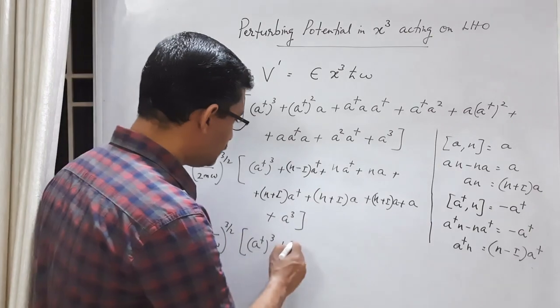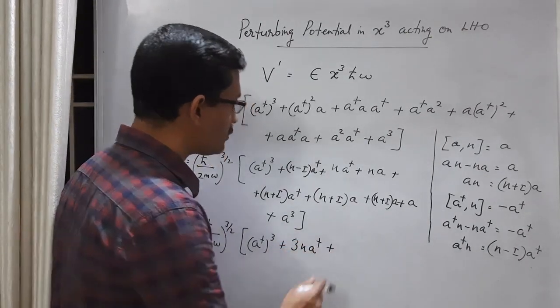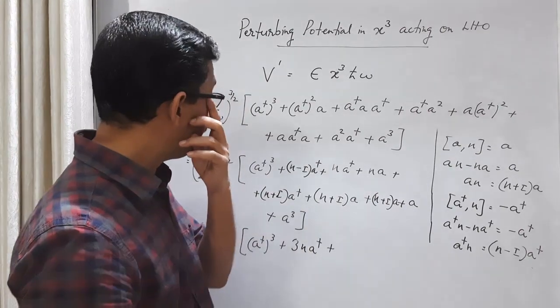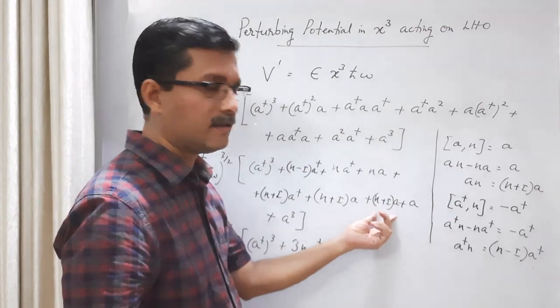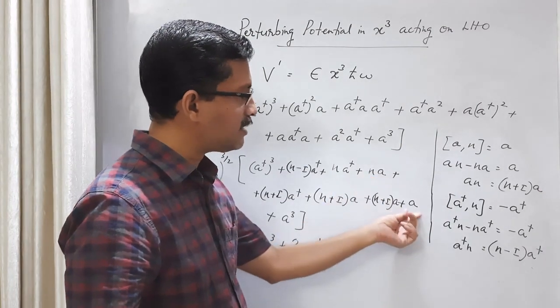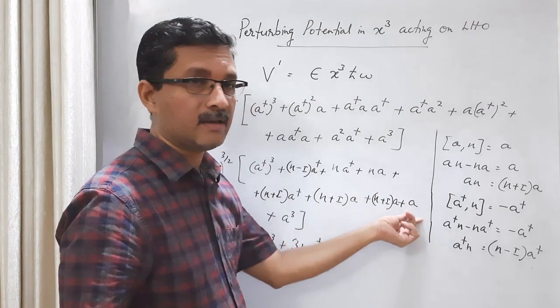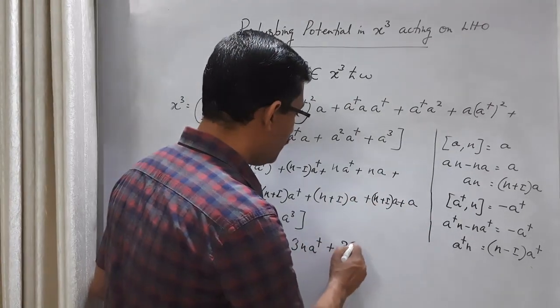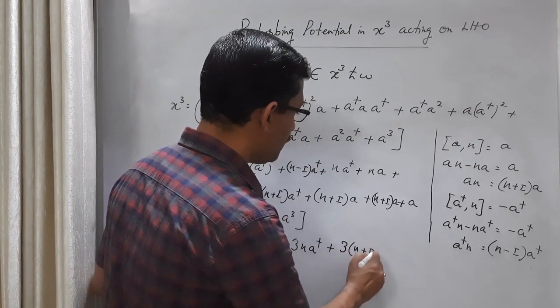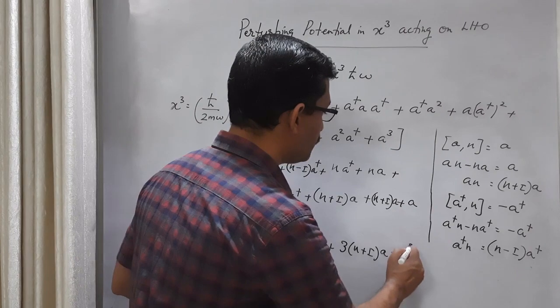So we have 3 n a dagger plus, what about a? There is an n plus I a here, there is an n plus I a here, there is an n a here, there is an a here. So in n a and a you can combine, you have n plus I a. So there are 3 n plus I a. So we have 3 n plus I a plus, then the remaining term is a cube.